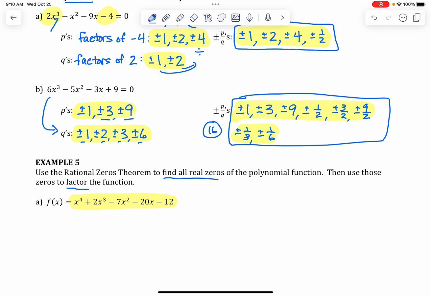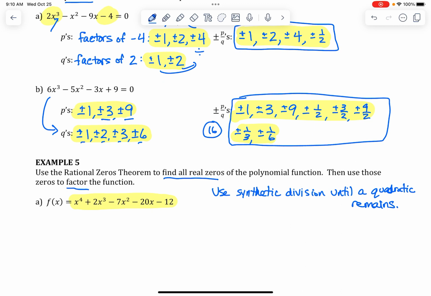The key is to keep using synthetic division over and over again, until you're left with a quadratic. Because we know how to factor quadratics, right? So when you get a quadratic left over, you can use any number of ways to solve quadratics, okay?